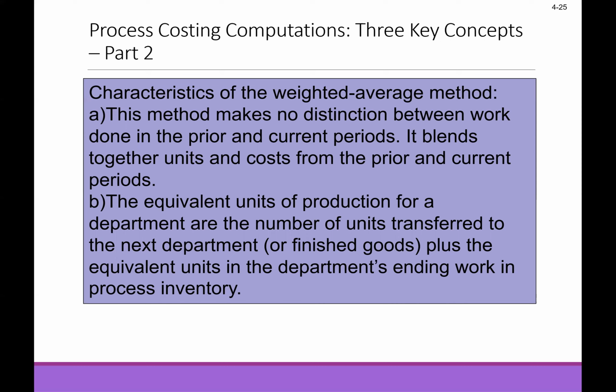So then the equivalent units of production for a department are the number of units transferred to the next department, plus any equivalent units in that department's ending work in process. So what's been transferred and what's still on hand get computed into equivalent units.